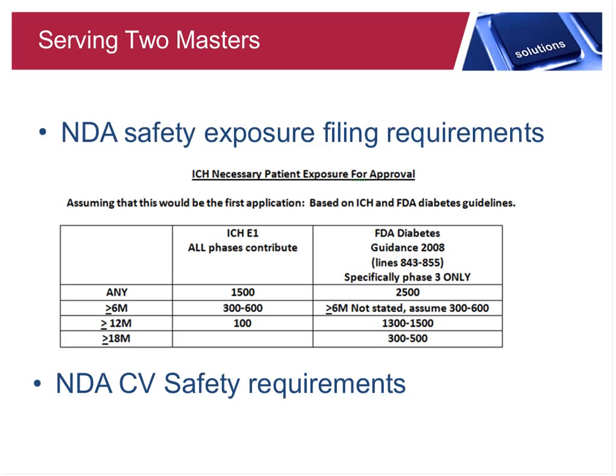So we need to keep in mind the intended population, because this has potentially implications on the label when the drug is approved. So let's talk about serving two masters.